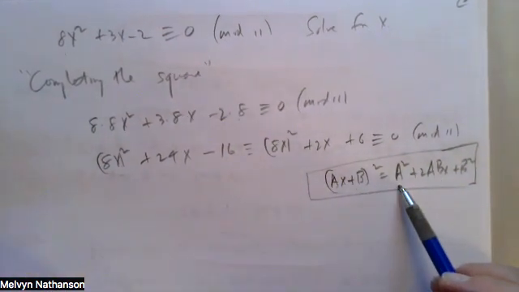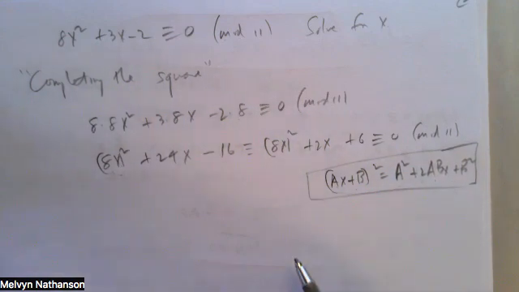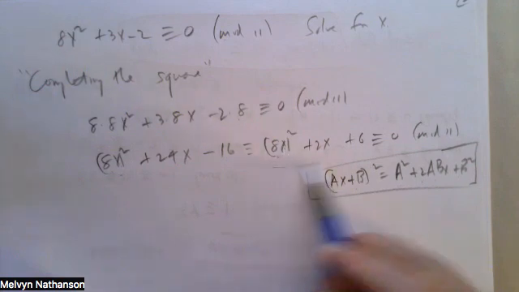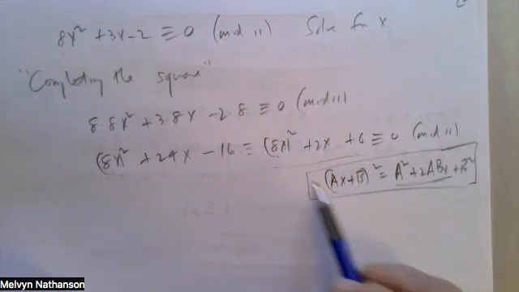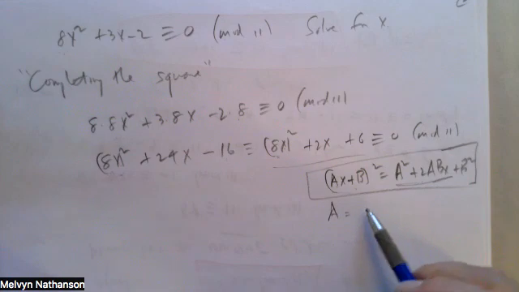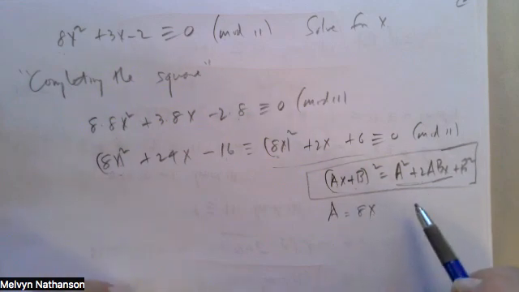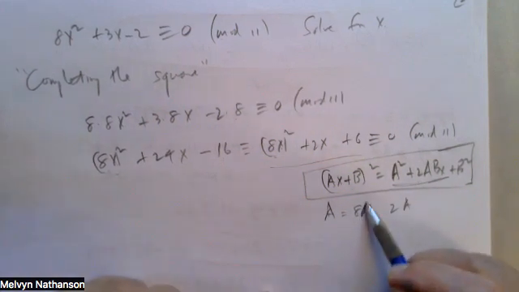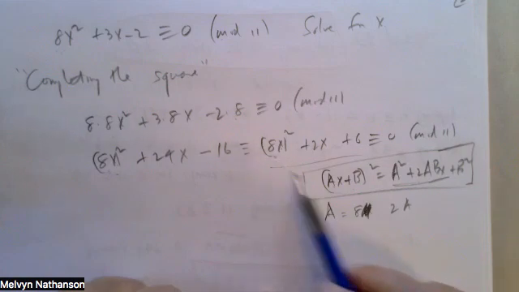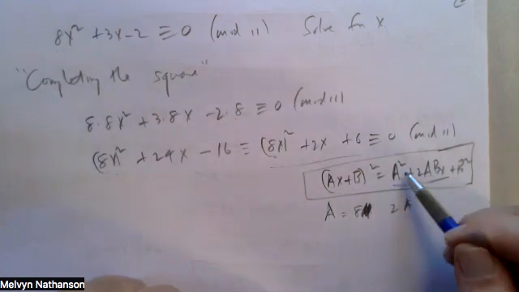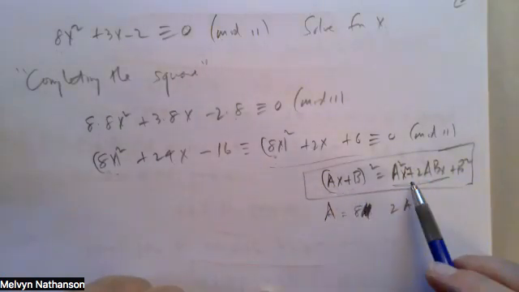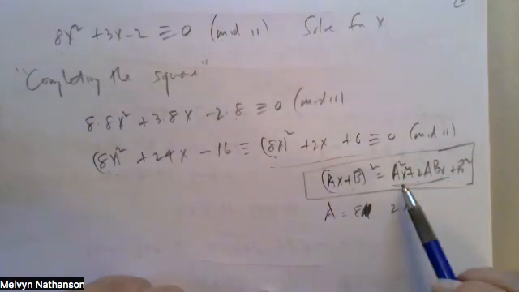So just look at this and compare it to this expression. It would be like a is going to be 8x. And I want the coefficient a squared x squared plus 2abx plus b squared.